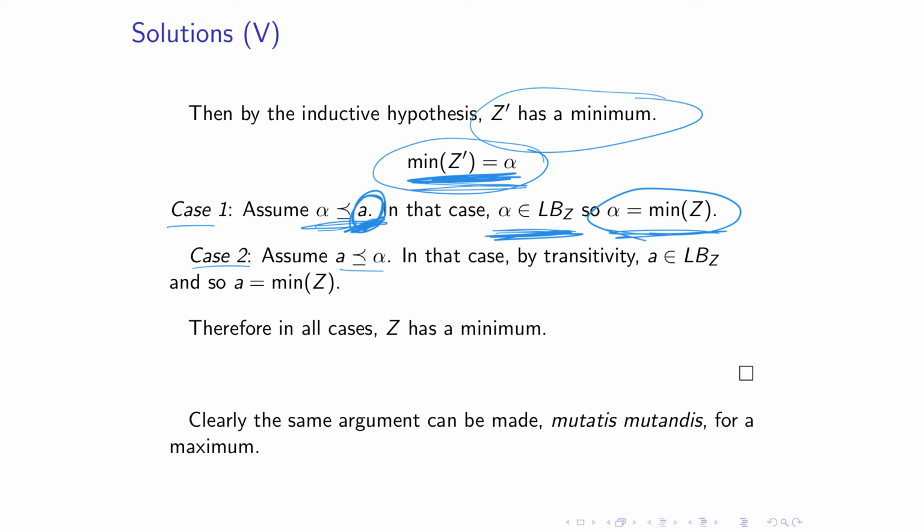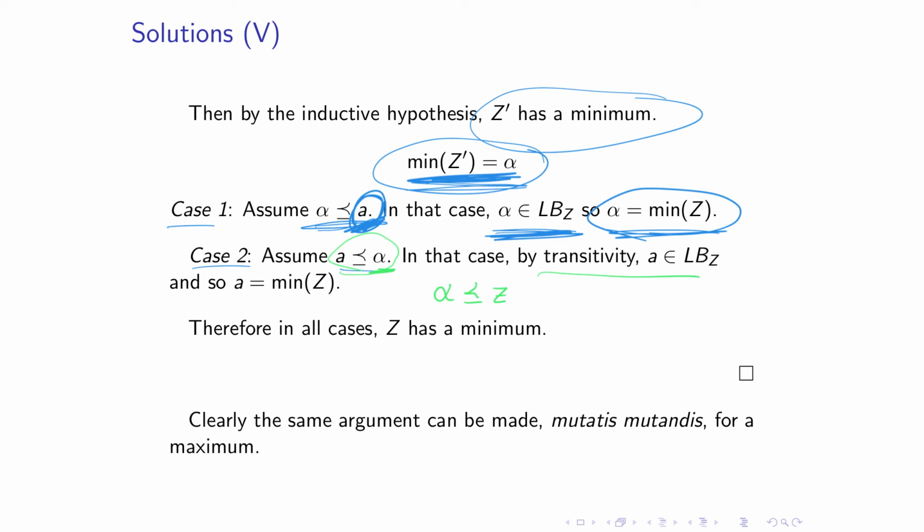Okay, now let's consider case 2. This is where we assume that A precedes alpha. Well, in this case, we're going to show that A is the minimum. Not alpha this time, but still the set has some minimum, namely in this case, A. So let's go ahead and say, well, from transitivity, we have that A precedes everything in Z prime, right? Because alpha precedes everything in Z prime.